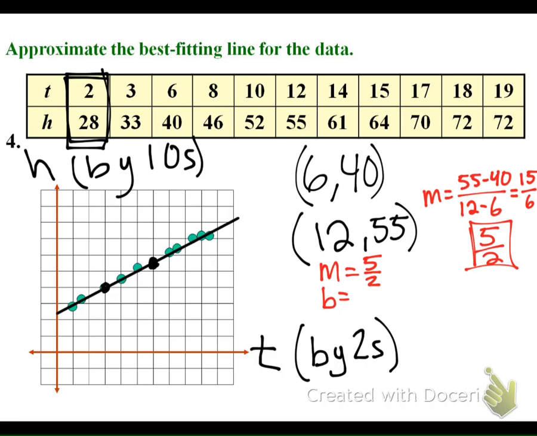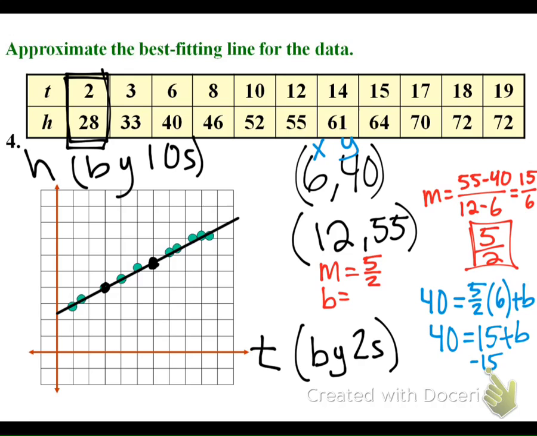Plug it in. Good. Use one of the data points. I'll just use the first one that we found. So that's my X, that's my Y. So 40 equals 5 halves times 6 plus B. All right, when I solve for B, I'm coming up with 25. Anyone agree? Yeah.